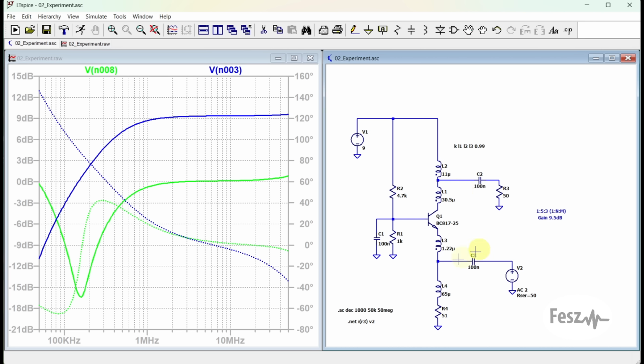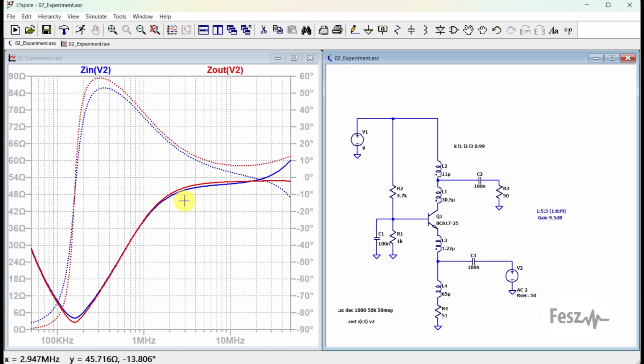And well, to get the exact impedance values, I also added in a .NET statement to check the impedances. So if we plot these out, we can see that we are very close to the 50 ohm mark over the frequency range in which the response is flat, roughly from 2 to about 20 MHz.